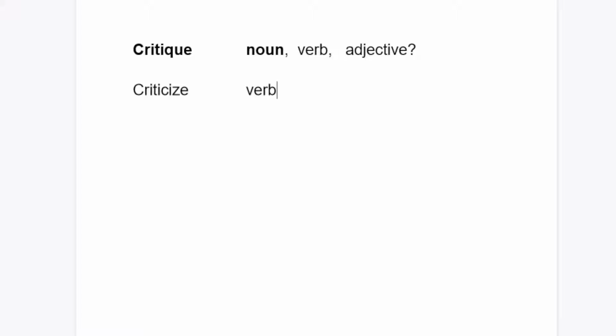So to criticize someone or to criticize something means that you find the problems or the weaknesses with that thing and explain it to somebody else, right? So for example, if you criticize somebody, you might say, oh, he's not very responsible, or oh, she's not very good at math, right?